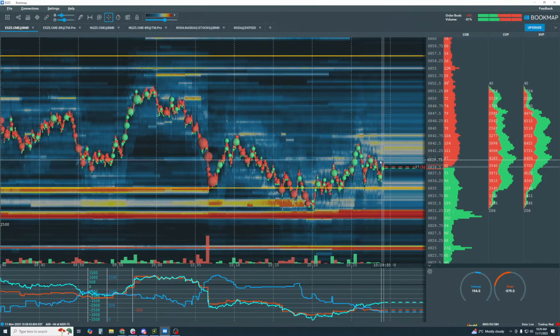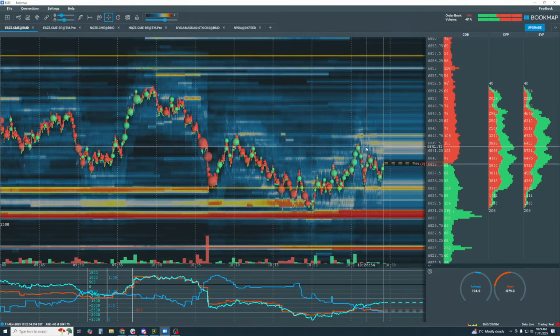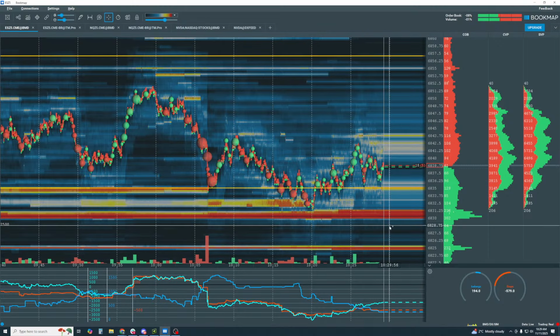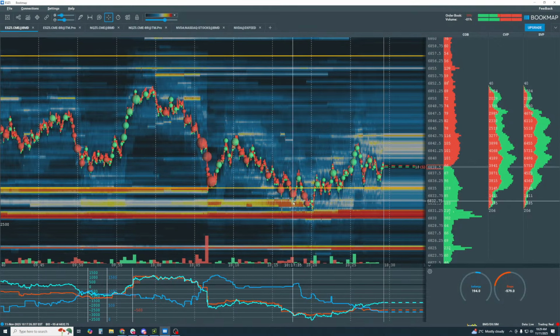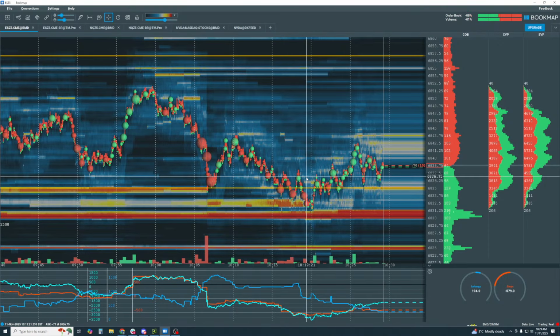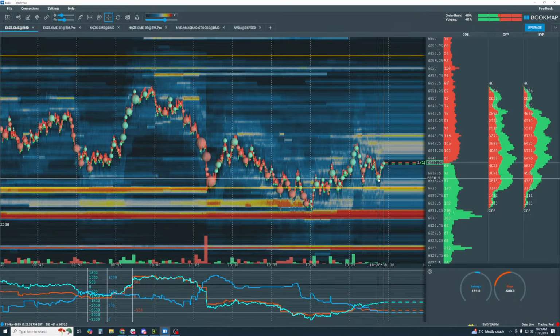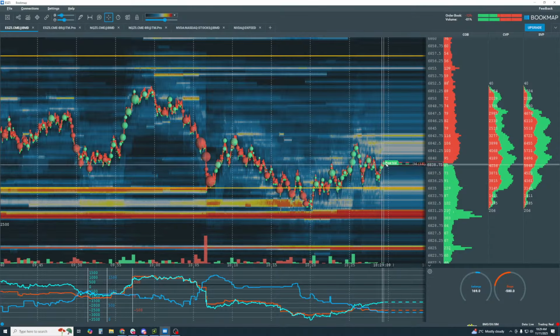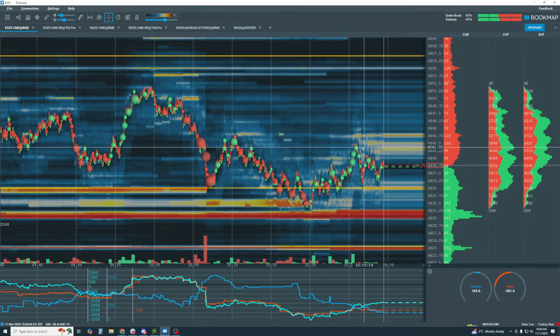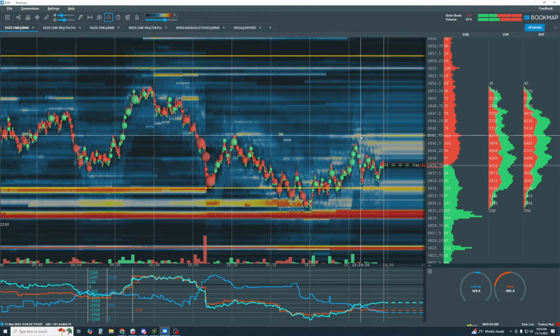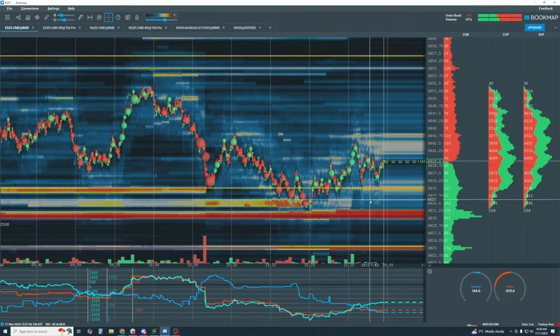I would just look for a quick scalp up to maybe the swing here at 42 or so, because we do see some of that liquidity getting filled, and then we see some buyers and we broke this structure, and this is a little bit of a pullback right here. Okay, so now let's just see if we can get buyers to lift it back up into, I don't know, 42 or 43.